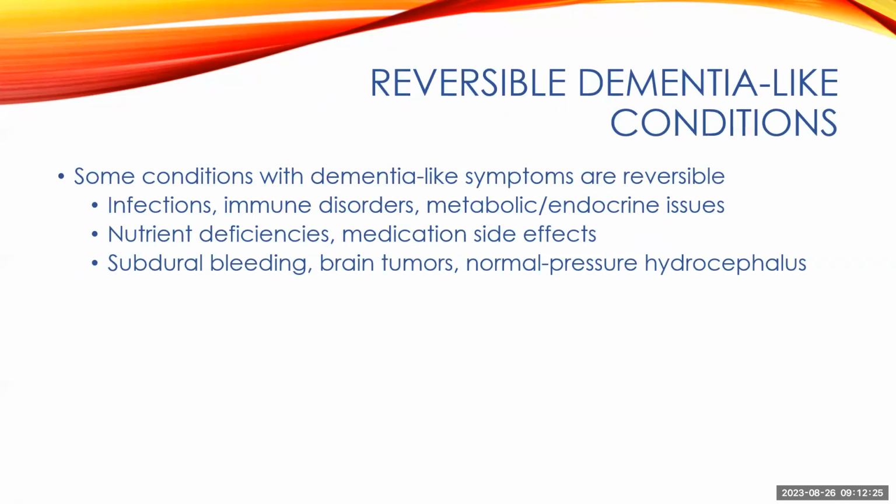But hopefully, even if this number is small, if you pay attention, if you look, then you can help identify certain patients with this reversible condition and can give them their life back. Some of the things we see commonly, like endocrine issues, people with uncontrolled hypothyroidism, for example, subdural bleeding.